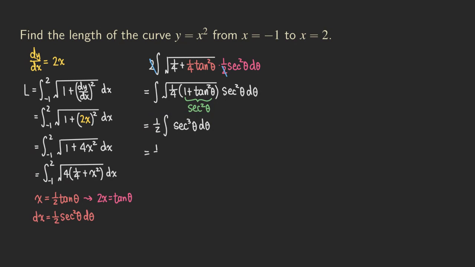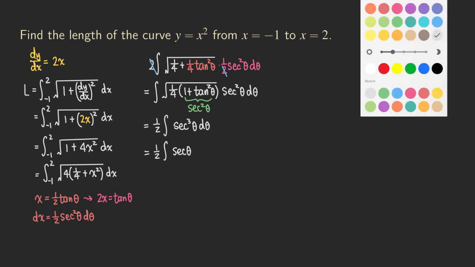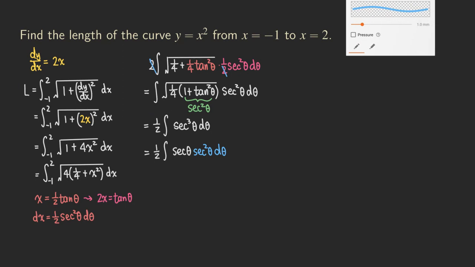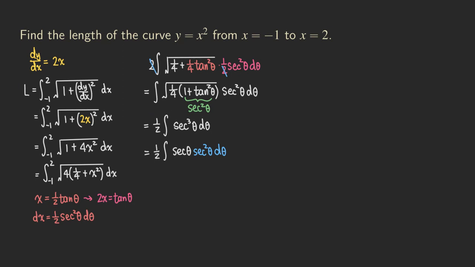So we have 1 over 2, and then you are going to get secant theta, right? And then you break it up as 2 functions. The other one is going to be secant square theta d theta right here. So we have a product, right? One is secant theta, the other one is secant square theta d theta.